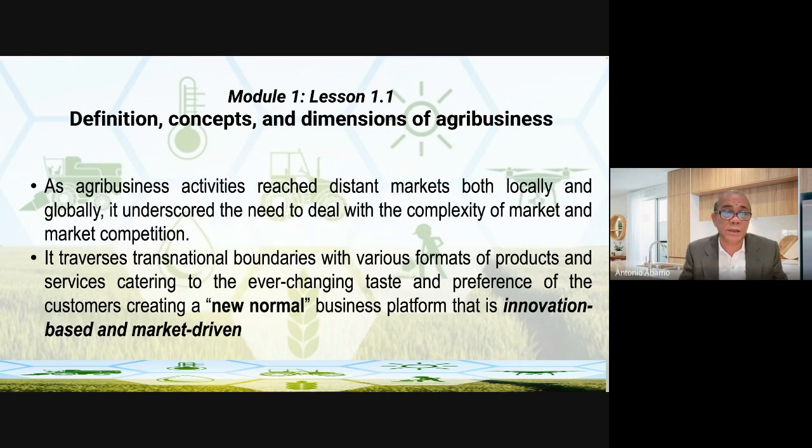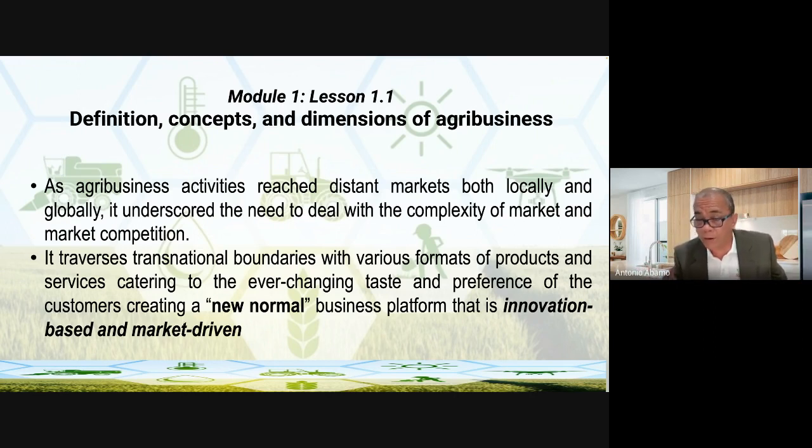It dictates how these activities are diversified and reach a distant market. It traverses even transnational boundaries. In other words, agribusiness also dictates how products are distributed either locally or internationally.